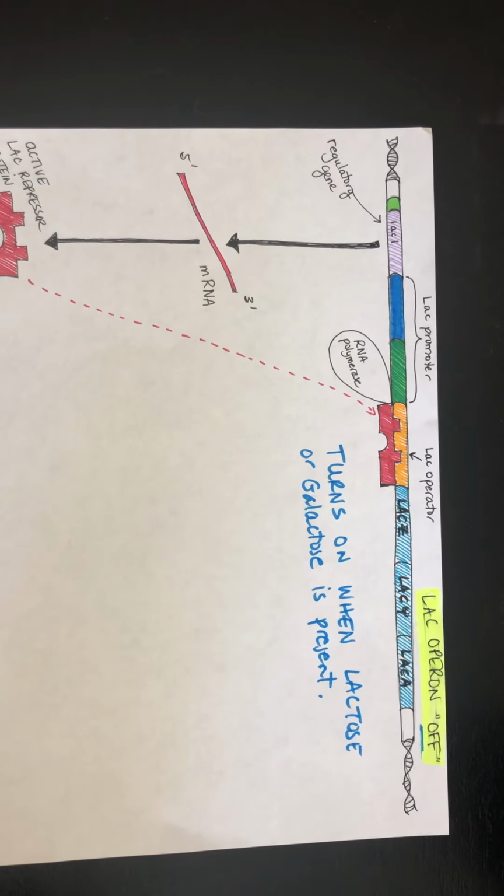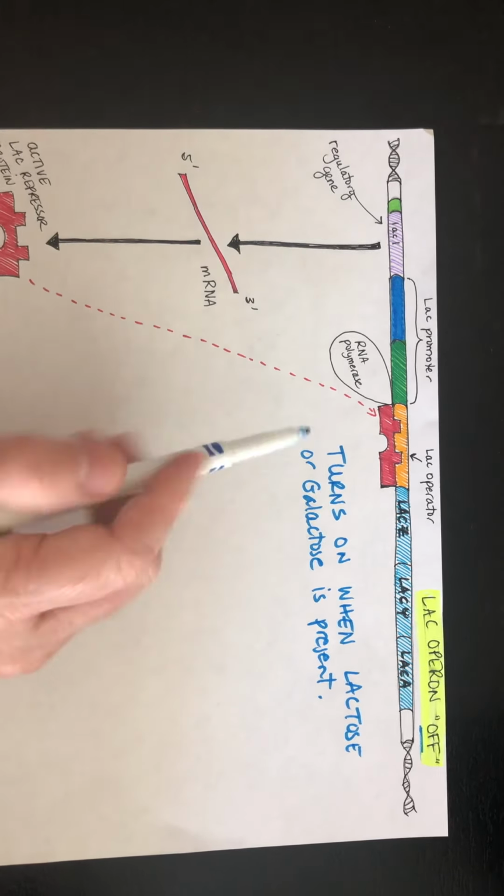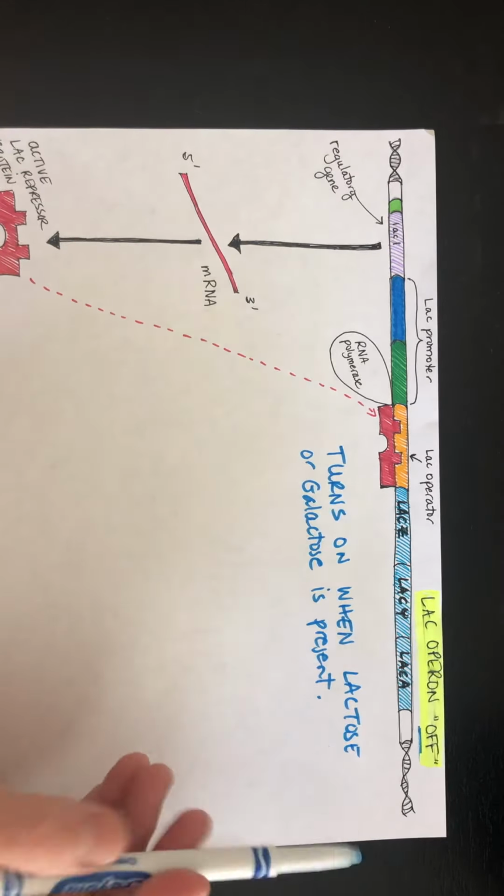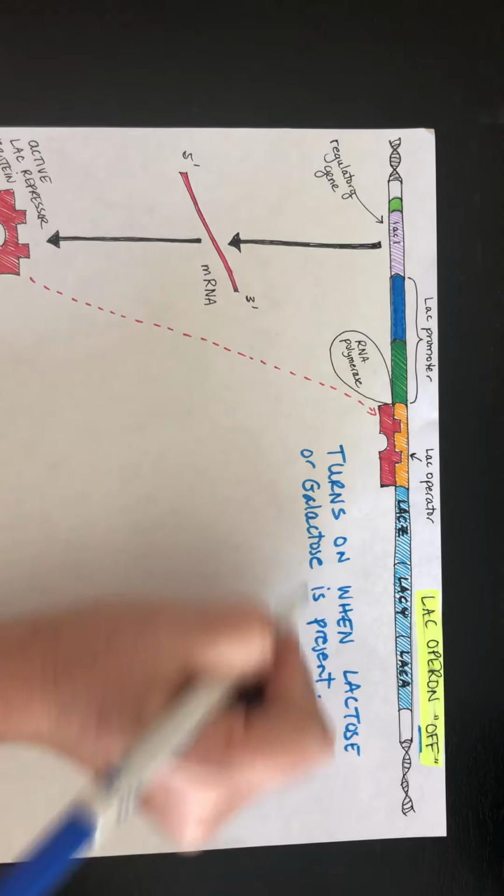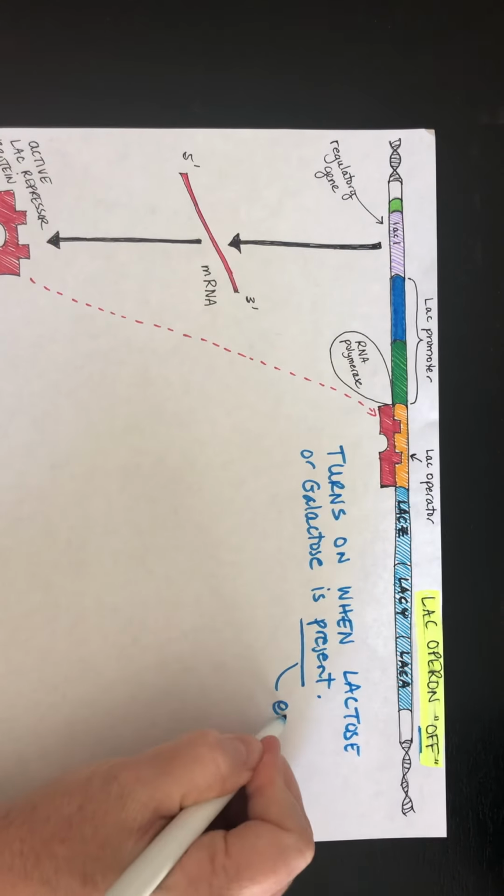So there's no need for it to be on if there is no lactose, because then it would be making a product that wouldn't be necessary. Being how efficient the cell is, this bacteria cell does not turn itself on until its environment changes. So this presence is your environmental change.